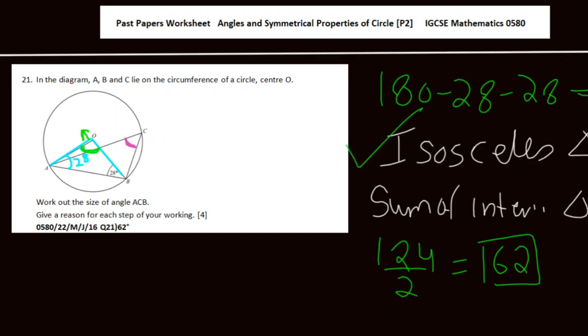So the property angle at the center is twice the angle at the circumference is being applied, so that means the green angle is double the purple angle. So we'll simply halve the green angle, divided by 2, which gives us 62, which is the answer. And you'll state the reason that angle at the center is twice the angle at the circumference. So you have to state all three reasons.